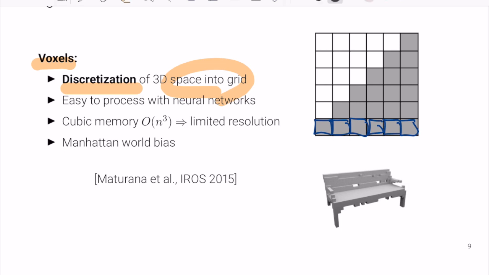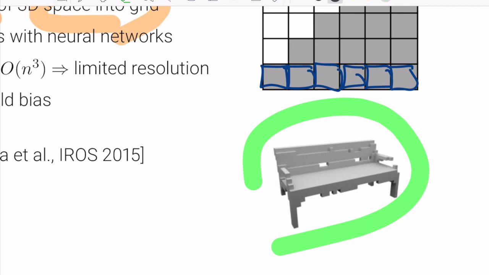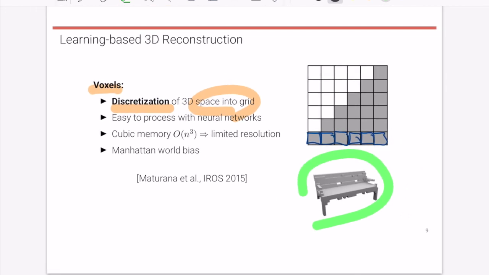This is an example of a 3D voxel representation. Of course, it looks like a quantized representation. And as you can easily expect, this is very easy to process with a neural network because this is a regularly defined grid.